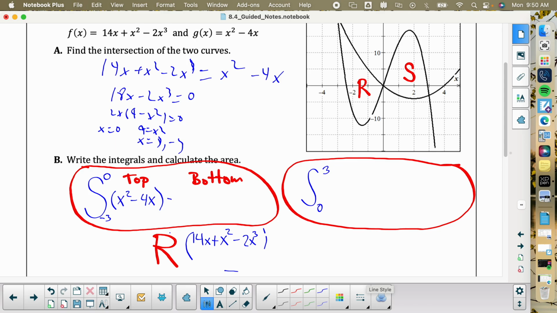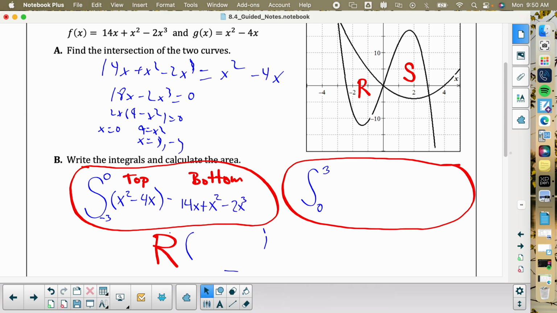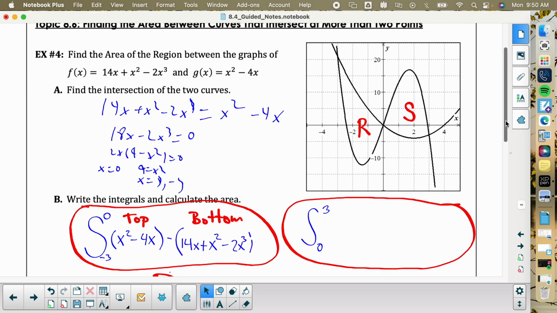See, one equation is the x cubed line and the other one is the square. The parabola is g of x.